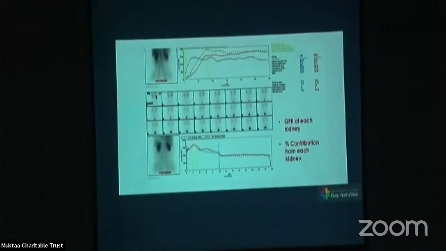So right kidney, left kidney, both curves are going down. So normal. In this kidney, you will see the right is normal, the left curve is going up. So it is an obstructed kidney. So sonography showing hydronephrosis, dilated PCS, whether obstructed or not, the simple investigation can tell you.